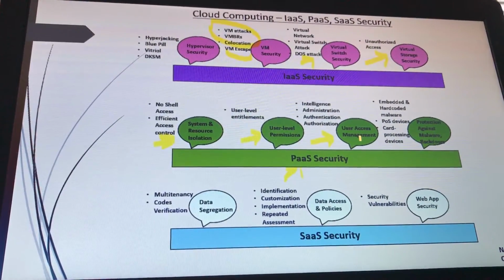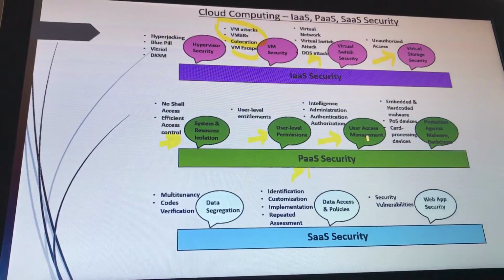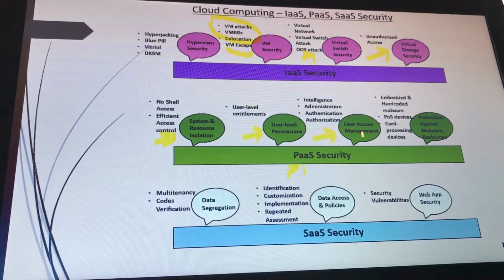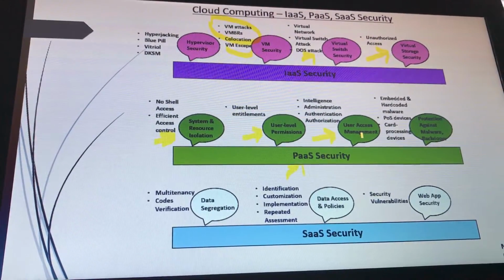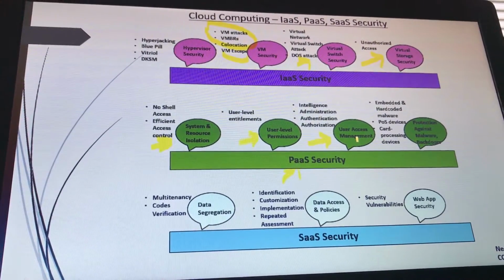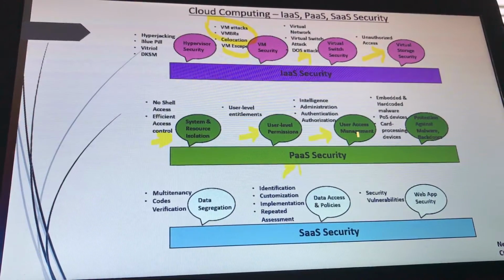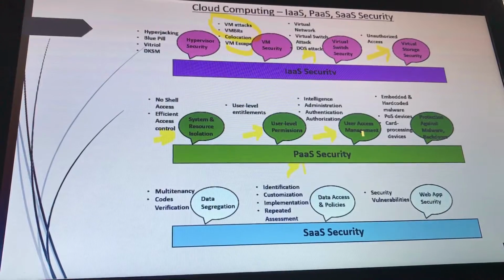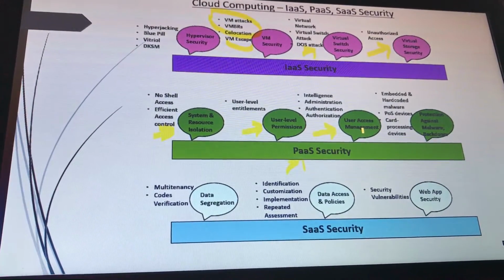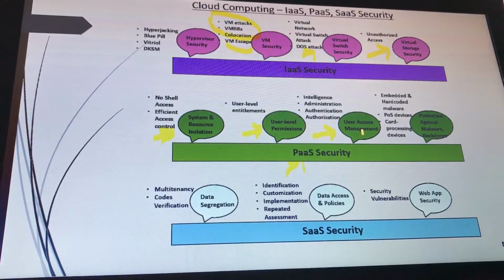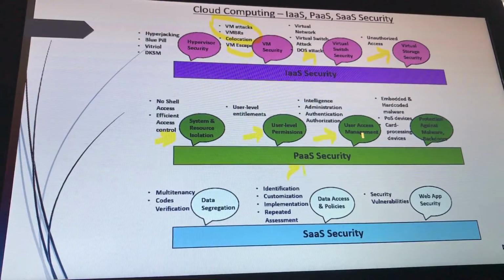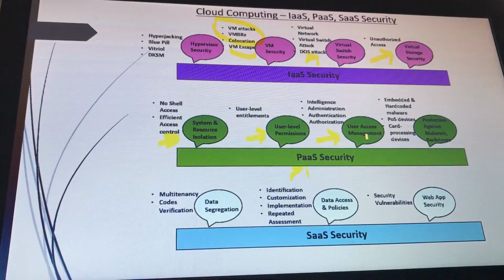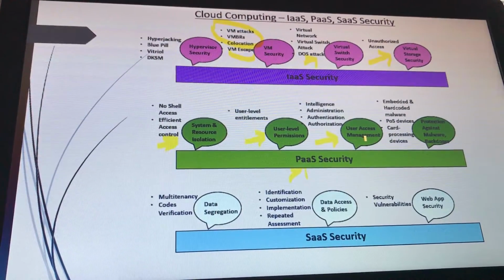Intelligence requires collection, analysis, auditing, and reporting. Administration is the ability to perform onboarding and offboarding of users. Authentication provides assurance and verification in real time as to the user being who she claims to be. And authorization determines the level of access granted to each user based on policies, roles, rules, and attributes. So this is all about user access management.